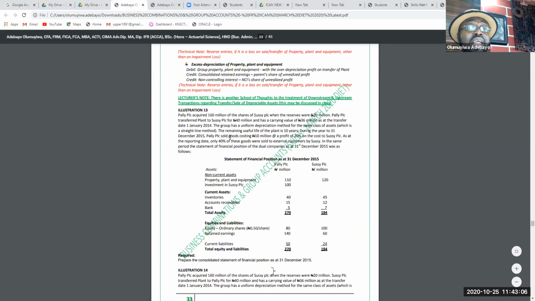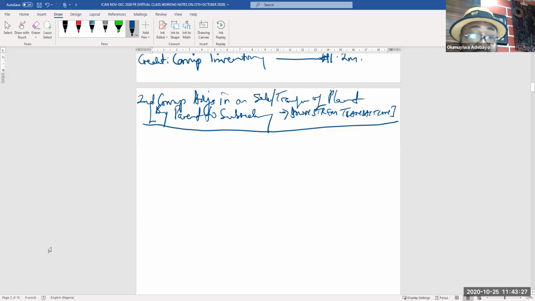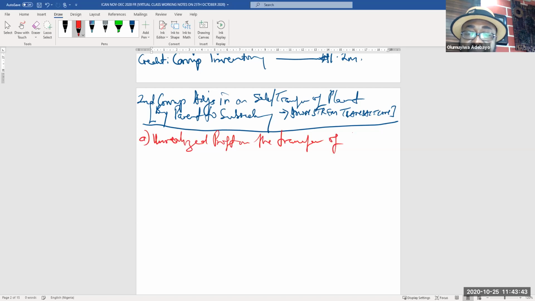The next information there is that the remaining useful life of the plant is 10 years. And this was as at 2014 when the plant was transferred. Okay, we'll come back. The first level is that I need to determine the unrealized profit on the transfer of plants.